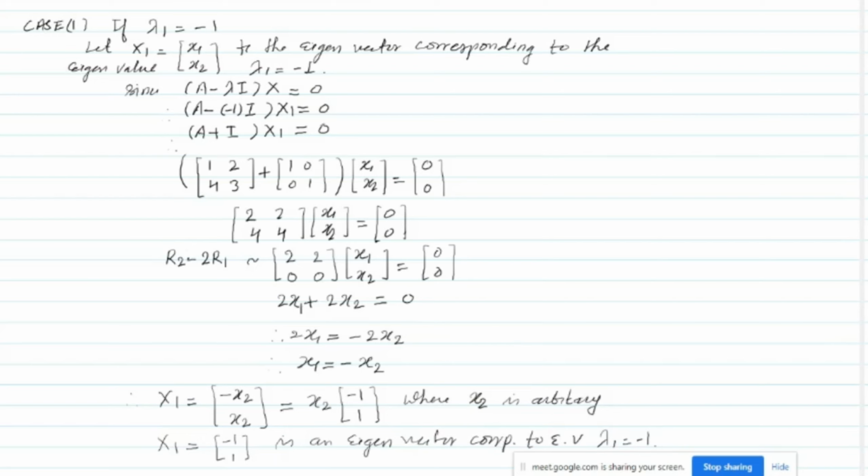Then let us see case number 2. If lambda 2 is equal to how much? We found 5. Lambda 2 is 5. Now again we will have x2.